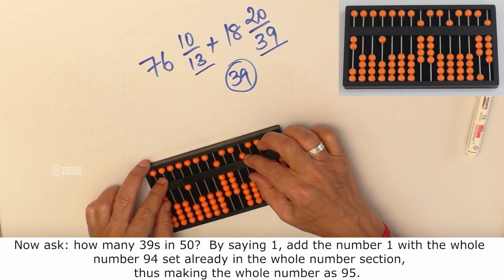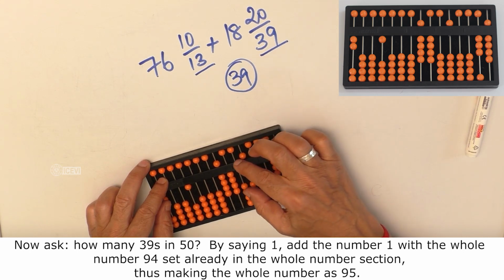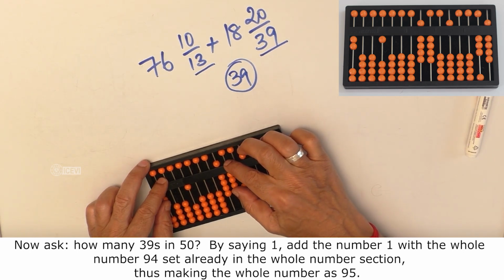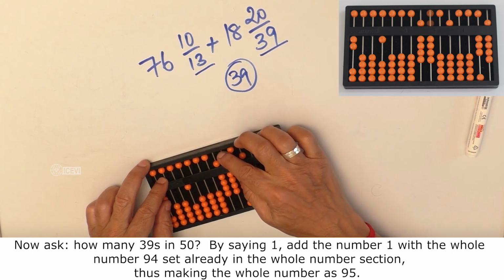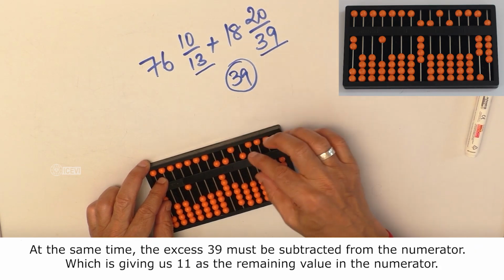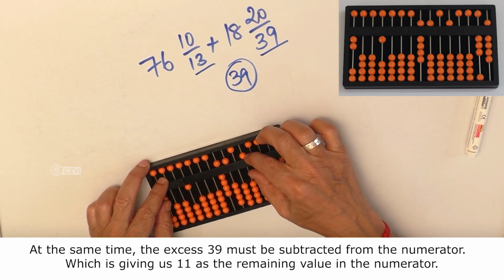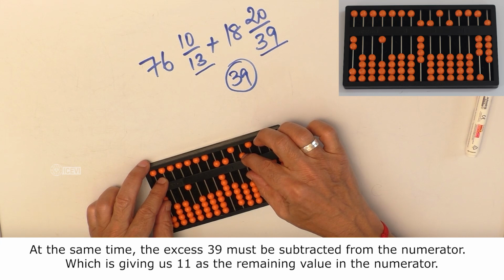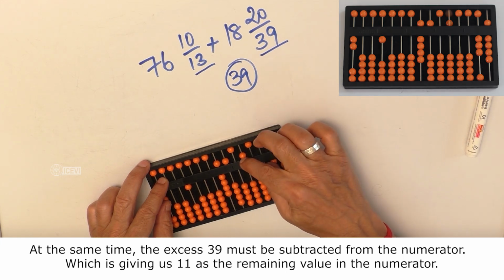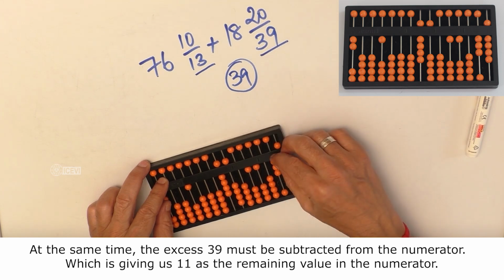Now ask how many 39s in 50? By saying 1, add that number 1 with the whole number 94 set already in the whole number section, thus making it 95. At the same time, the excess 39 must be subtracted from the numerator, which is giving us 11 as the remaining value in the numerator.